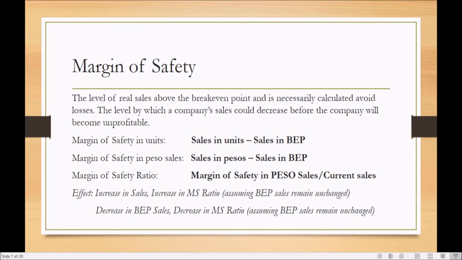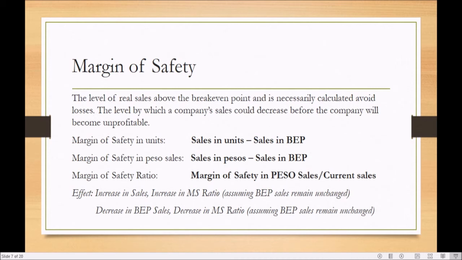Okay? That is important, no? Why do we need to understand margin of safety? Why do we need to determine the margin of safety? Because at this value, ibig sabihin, dito tayo safe na meron po tayo pang income na makukuha. Okay?